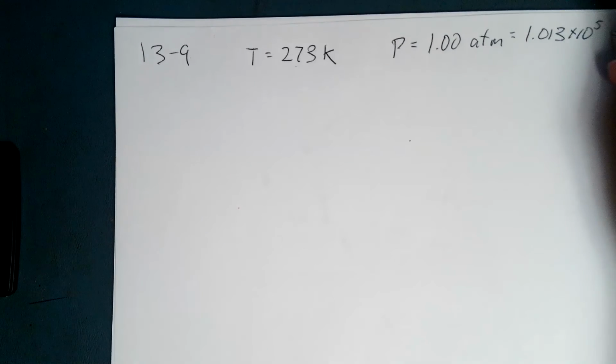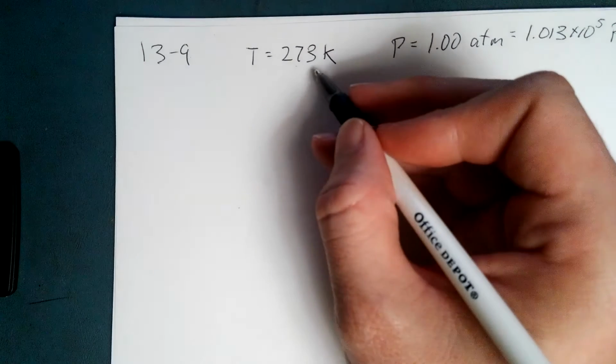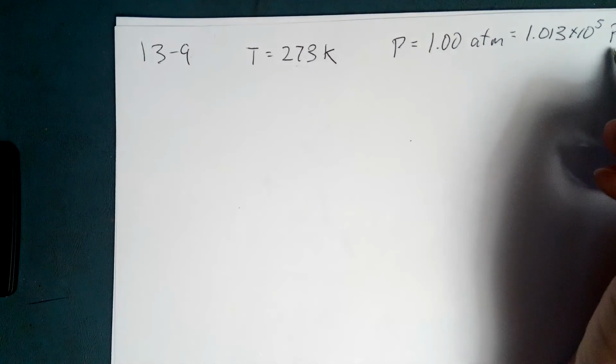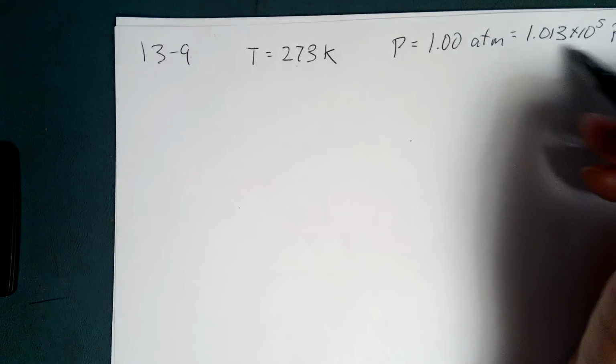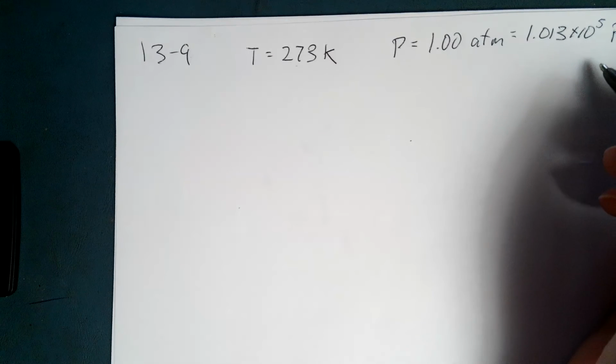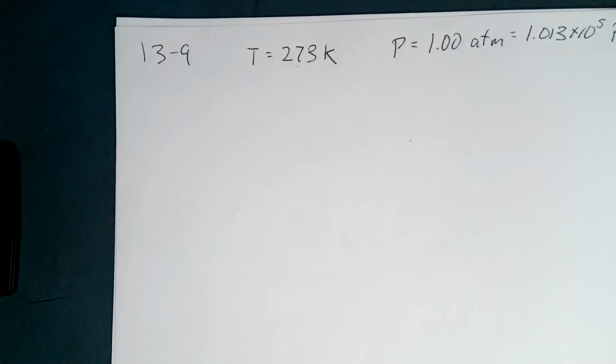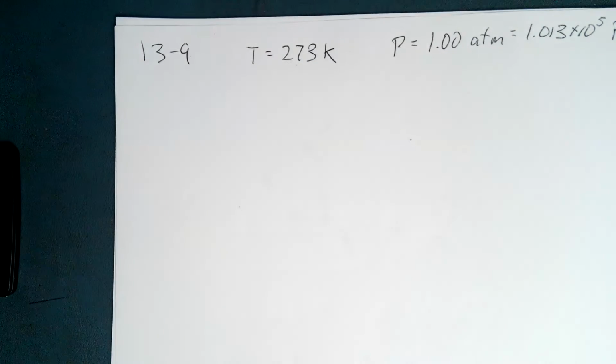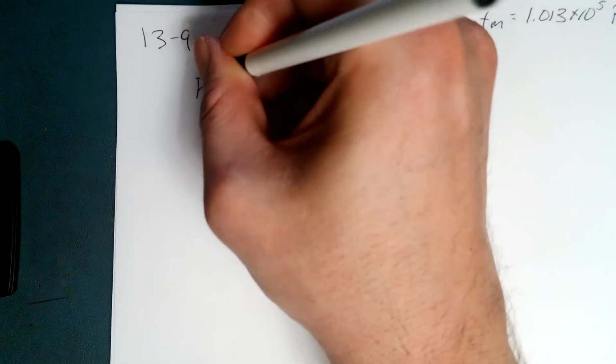We need Kelvin temperatures and Pascal or newtons per square meter pressures. Determine the volume of 1 mole of any gas, assuming it behaves like an ideal gas. That means we can use the ideal gas law. So this is about as straightforward a problem as you can get.